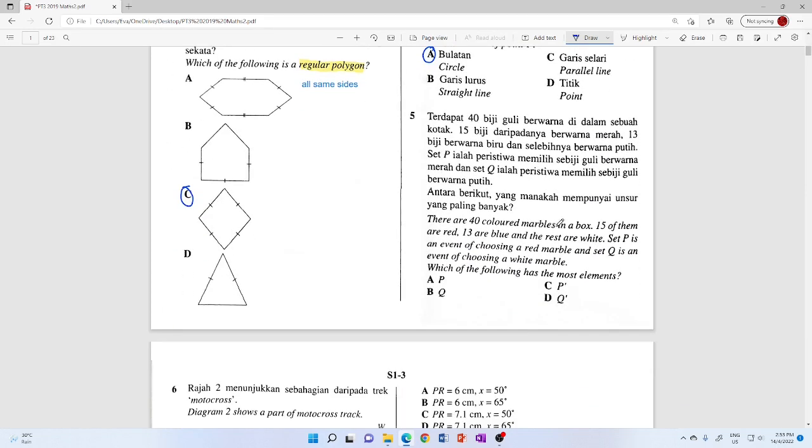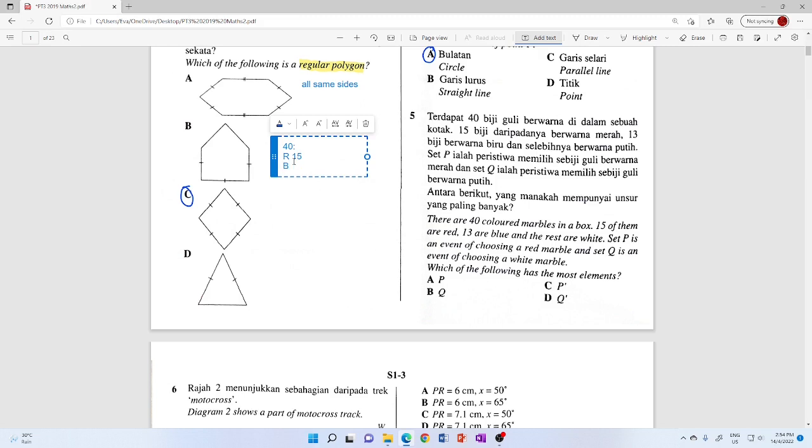Question 5. There are 40 color marbles in a box. For this question, normally I like to record down while reading the question. So there are 40 marbles. 15 of them are red. The red is 15. 13 are blue.